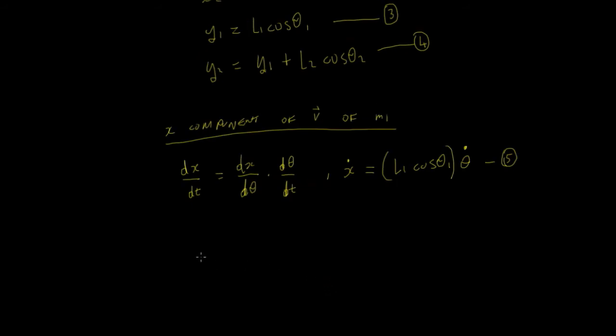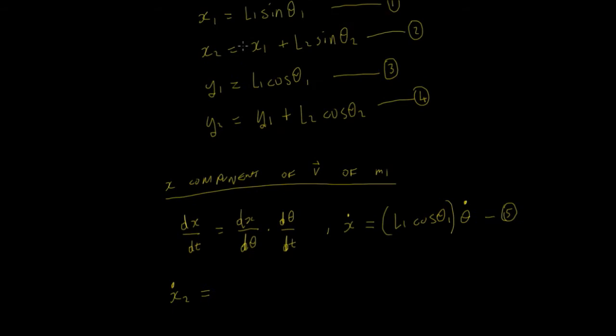Now we can write that x2 dot is going to equal our x1 dot, which is L1 cos theta 1 times theta dot, plus, and we've got our L2 sine theta 2, so we're differentiating this one as well.